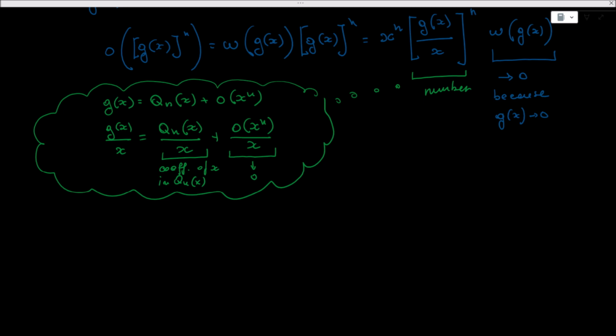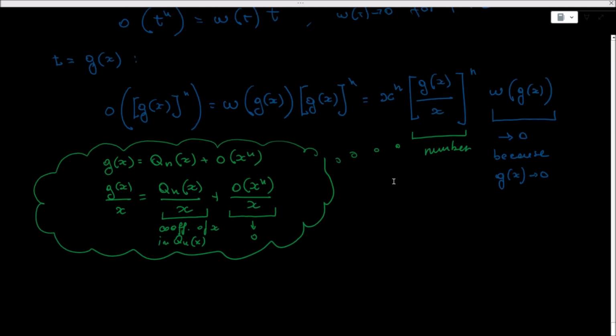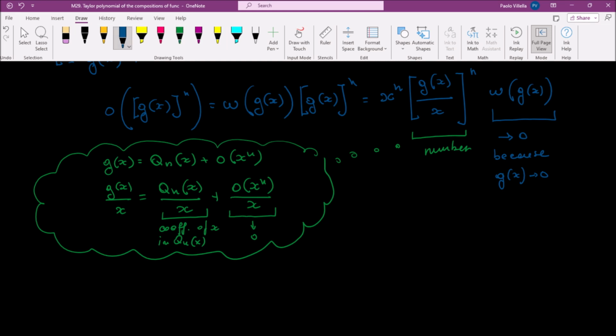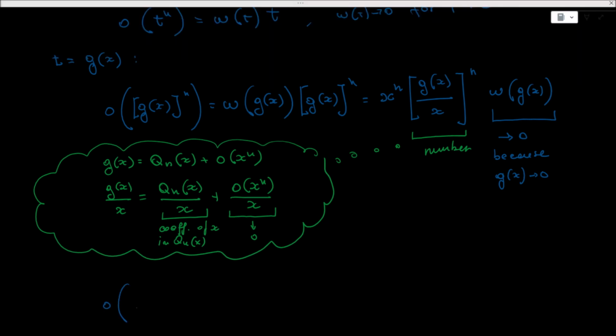So yes, this proves that g of x is just a number. Okay, so therefore, in conclusion, let's rewrite what we just found. We found that the little o of g of x raised to the n is equal to a number times omega of g of x times x to the n.